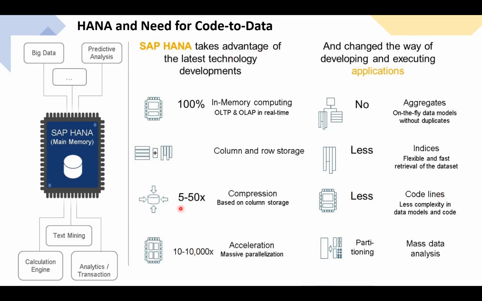This slide is for simplification, and that is true. These are the main capabilities when we use code to data. Using a HANA database, the high level one-liner is that we can achieve more complex functionalities within less time.